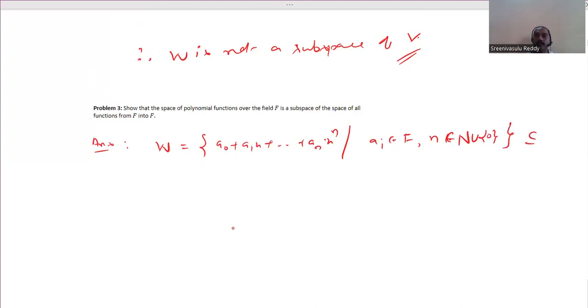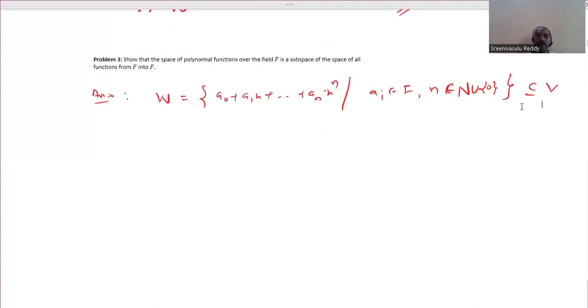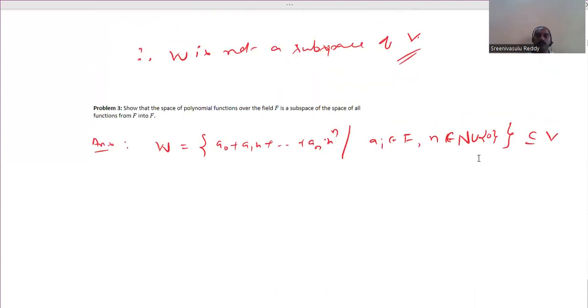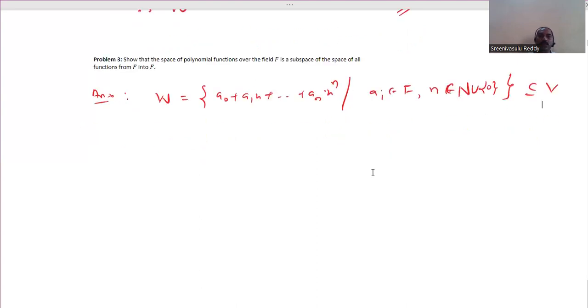Clearly, W is a subset of V, because V is the set of functions and a polynomial is also a function. So V contains all functions, meaning polynomials are also in V, but W contains only polynomial functions.